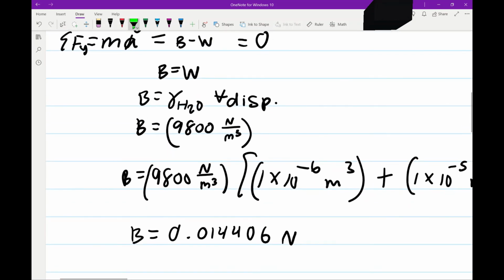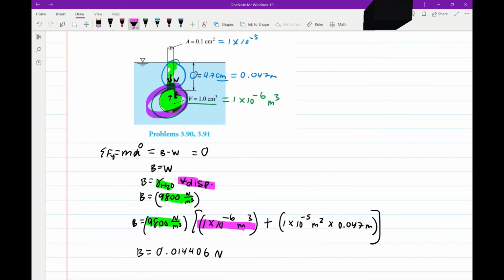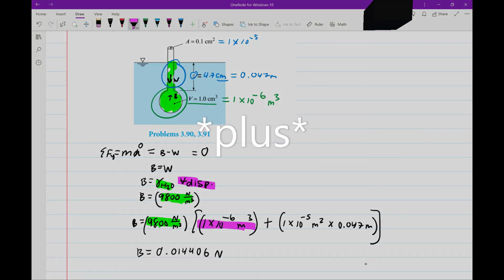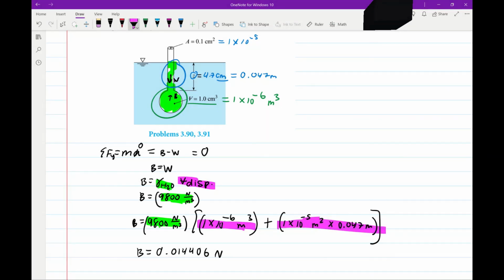So as a summary, our gamma H2O is 9,800, which we just got from the chart, and our volume displaced was the volume of the bulb right here plus the volume of the neck, which is this blue part, A times Z. We just solve this problem and we get buoyant force equals 0.014406 newtons.